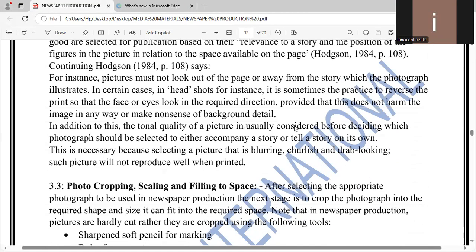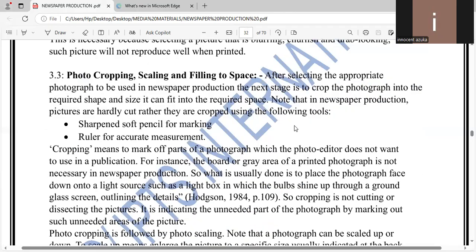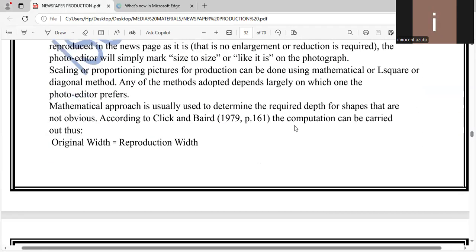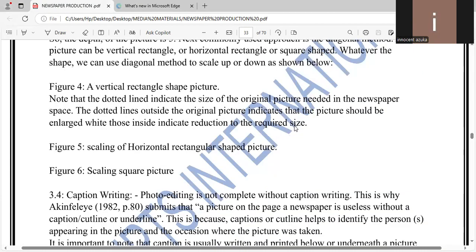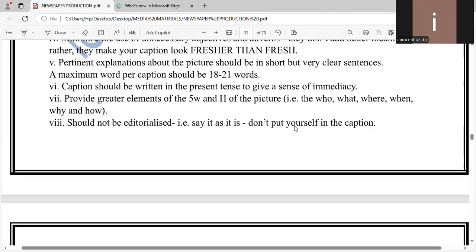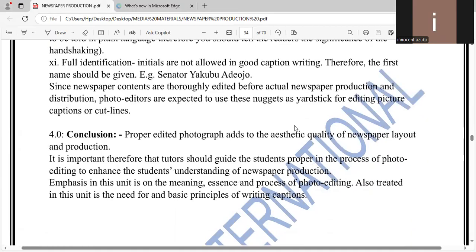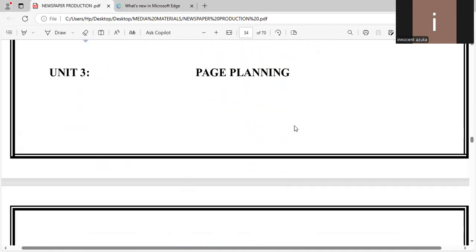So it is very important that you consider the value of photography and photo writing in your work. That is what I have to say about it.